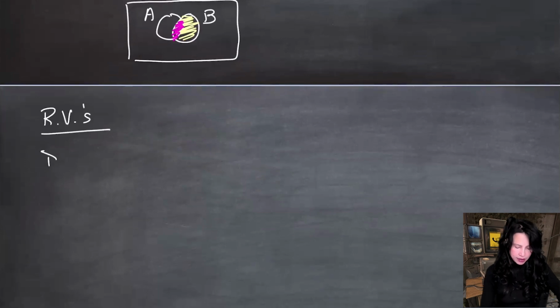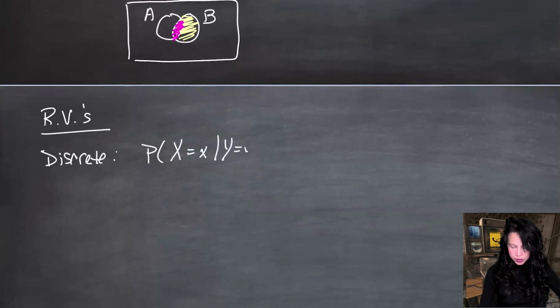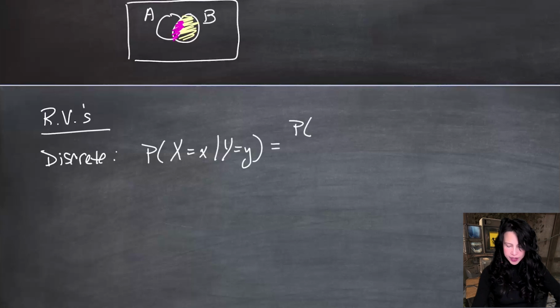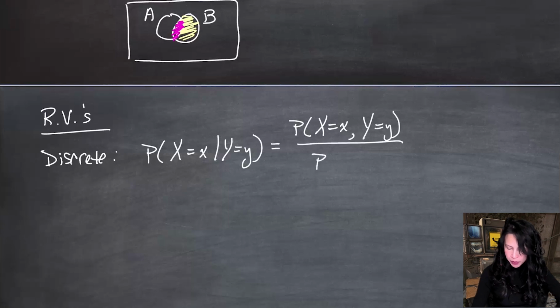Okay, in terms of random variables, if we have discrete random variables, then we can talk about the probability that X equals some x given that Y equals some y. And it's just going to mimic the definition we just saw. This is going to be the probability that X equals x, and a comma in probability is "and," Y equals y, over that marginal probability that Y equals y.